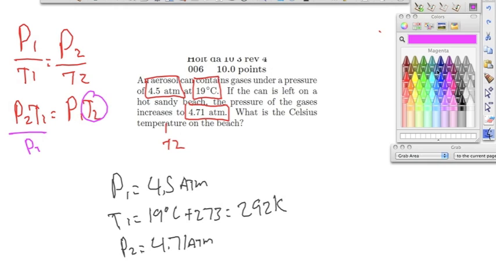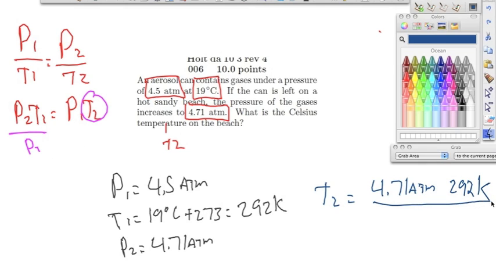So when we set this up in our problem, we see that we have T2 equaling our pressure number 2, which is 4.71 atmospheres, times our temperature 1, which is 292 Kelvin, all divided by our first pressure, which is 4.5 atmospheres.